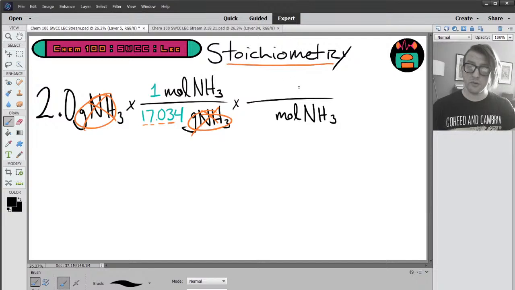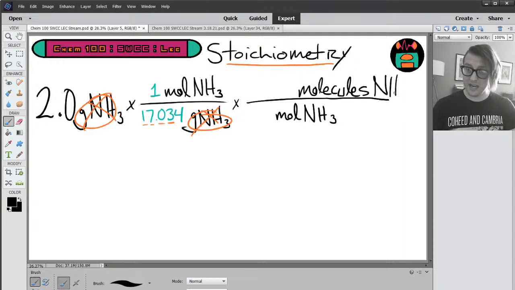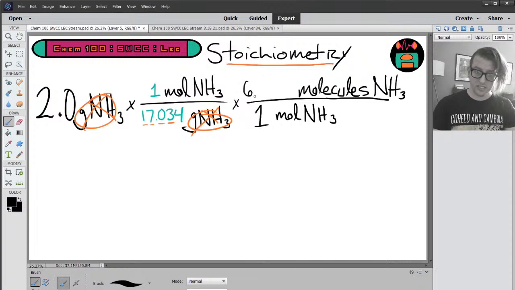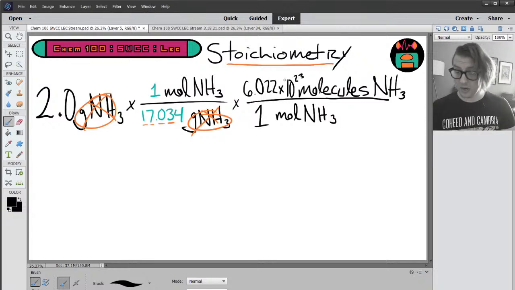In the numerator, we put molecules, because ammonia is not an atom, it's not an ion, it is a molecule. Now, in a 1 mole sample, there are 6.022 times 10 to the 23rd molecules. And again, I recommend putting that down on your exam sheet, because you want that at the ready.